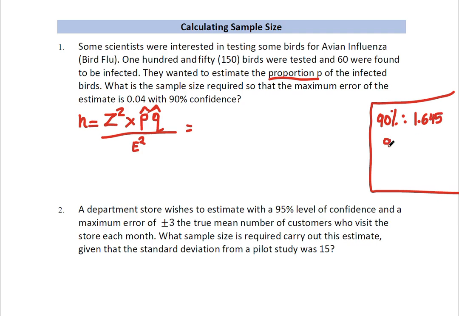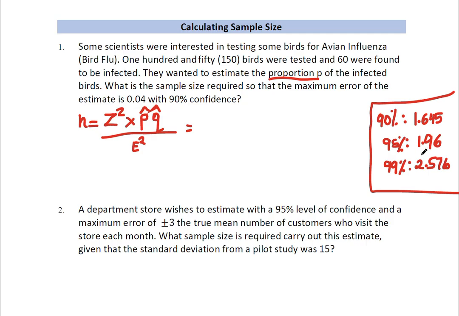It's also useful to know that for a 95% confidence interval, the table reading is 1.96, and that for a 99% confidence interval, the table reading is 2.576, or 2.58 would be fine. So for 90%, 1.65 would also be acceptable, and 2.58 is acceptable for 99% as well.